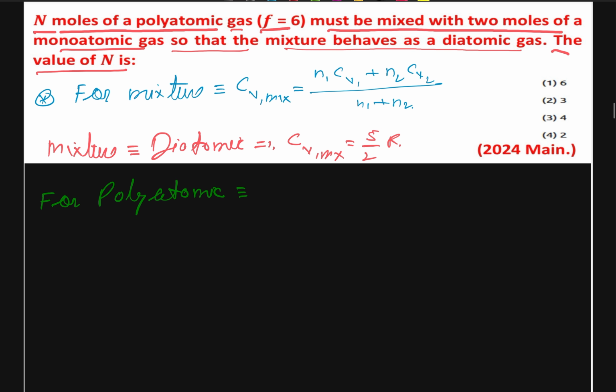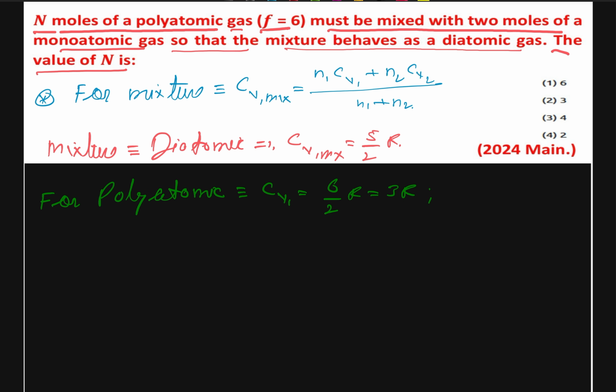Therefore, let us call this Cv1, which will be equal to 6 upon 2 times R, which comes as 3R.